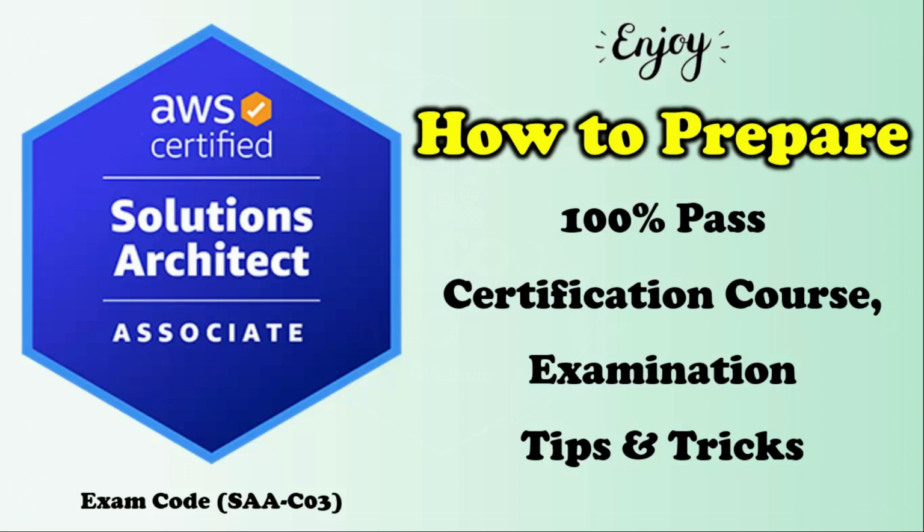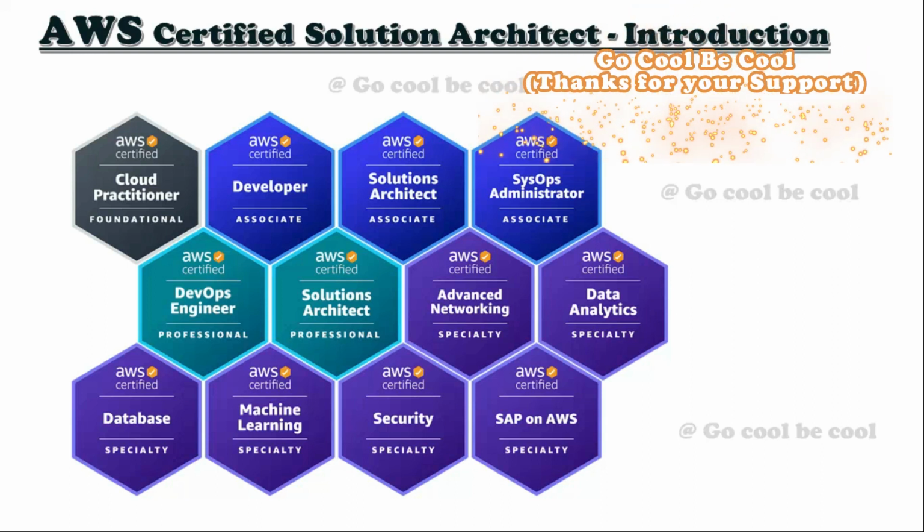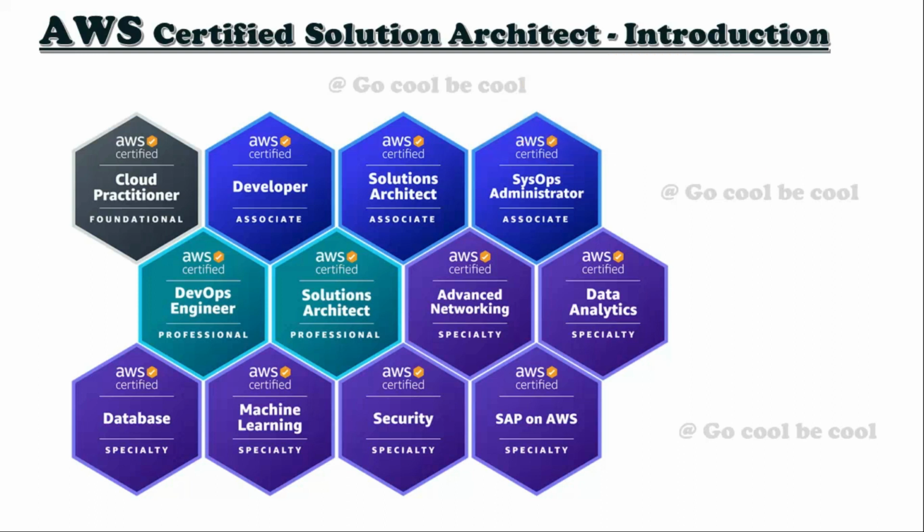Welcome back. How to prepare for AWS Certified Solution Architect Associate. So let's see what all the things we're supposed to do before preparing for the examinations. This slide talks about all the certification courses we have from AWS. The first, black, represents Cloud Practitioner, which is foundational, and then AWS Certified Developer Associate, Solution Architect Associate, SysOps Administrator.